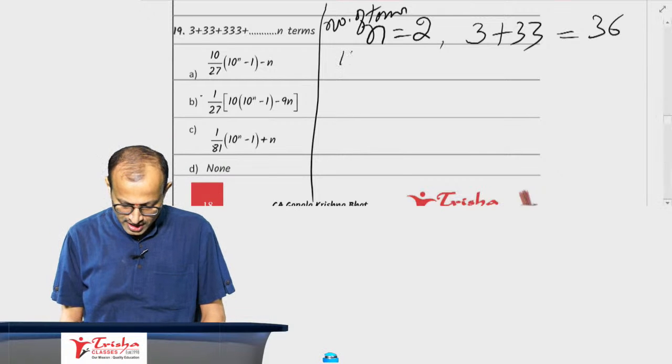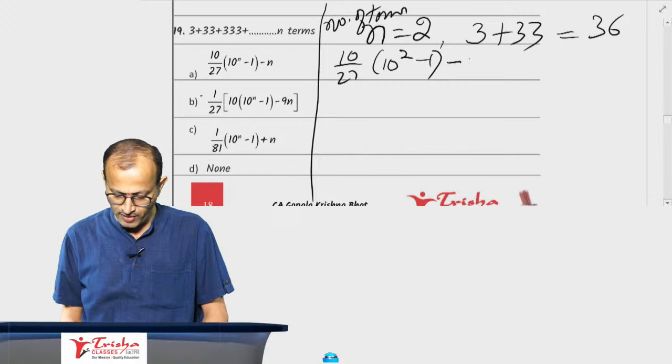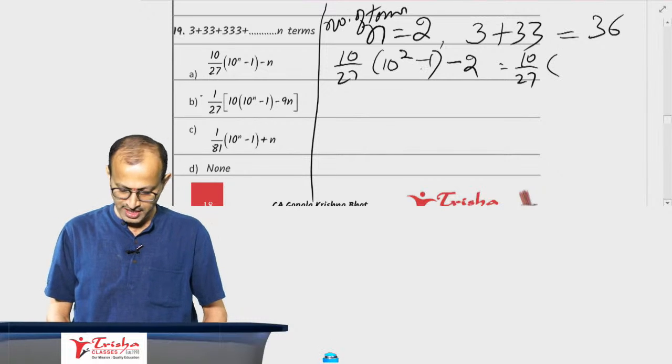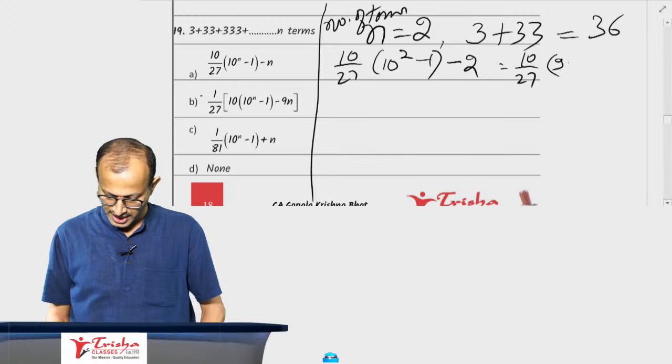Option A, 10 by 27, all of you use calculator. 10 to the power, what is n value? 2 minus 1 minus 2. Wherever n is there, write 2. 10 by 27, 10 square minus 1. What is 10 square minus 1? 100 minus 1, 99, minus 2.